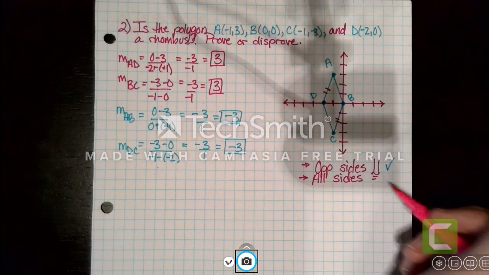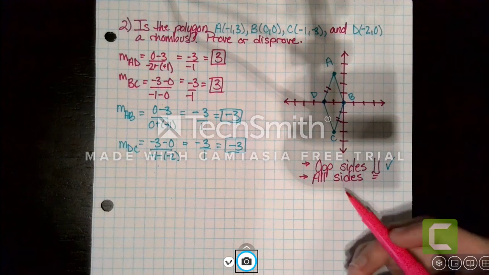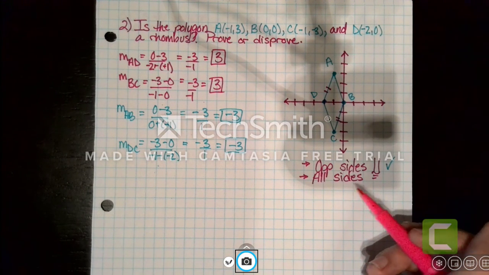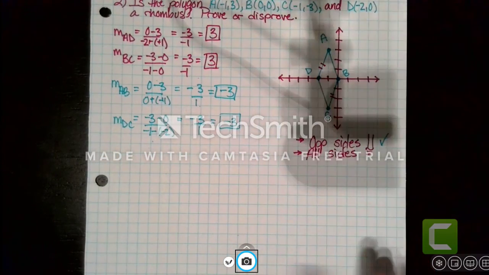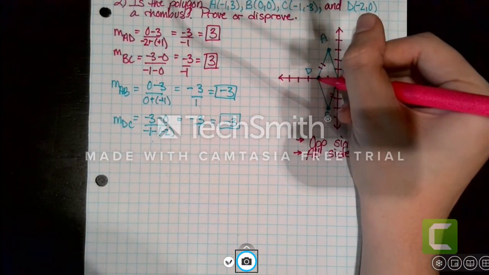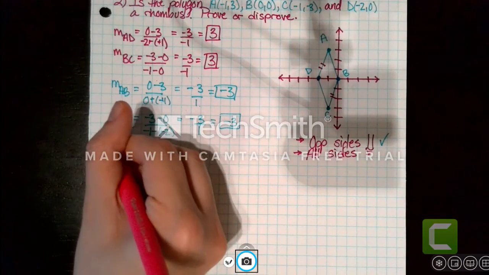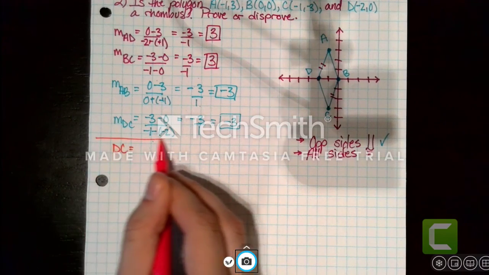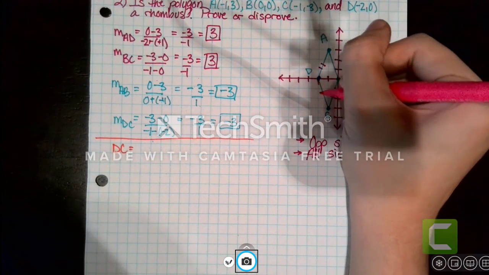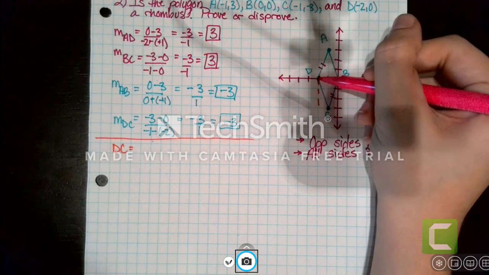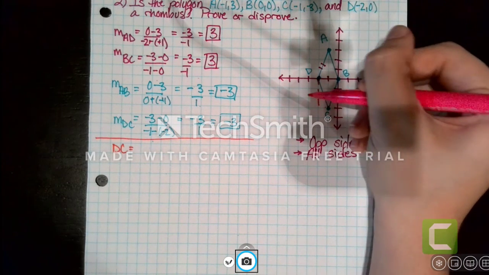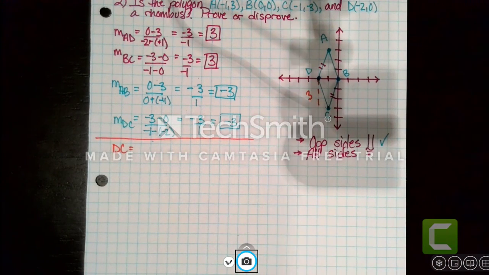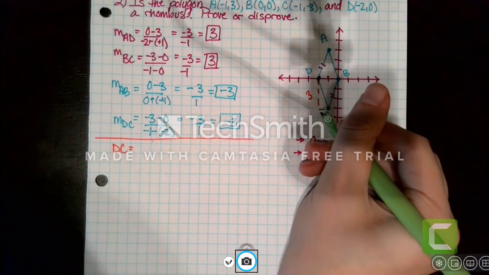So using this, we have proven that opposite sides are parallel, and now we need to prove that all sides are congruent. To do that, we need to use either the Pythagorean theorem or the distance formula. In this case, I'm going to use the Pythagorean theorem. Let's start with the measurement of DC. To go from D to C, I have a height of 3 and a base of 1.